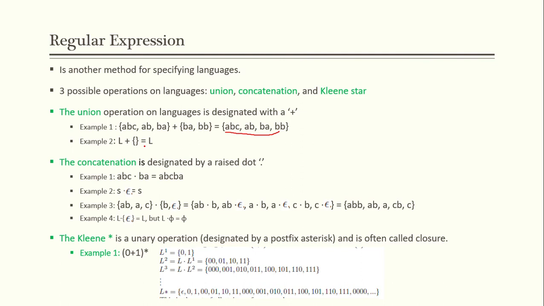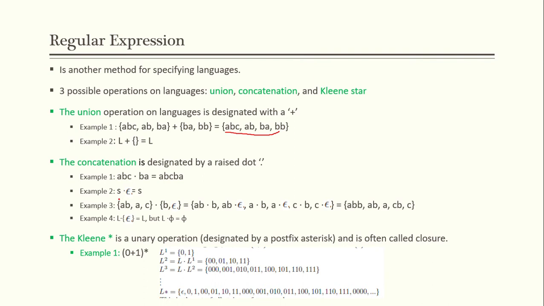The concatenation is designated by the dot. Dot means multiplication, or concatenation. For example, the first one, ABC dot BA. When you concatenate, it becomes ABCBA.